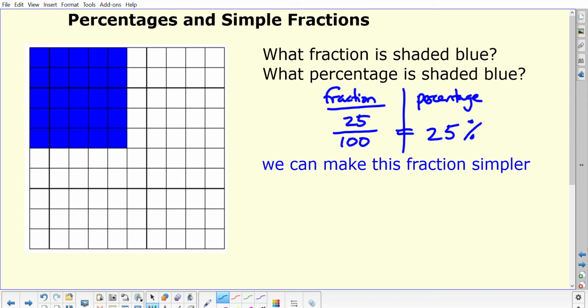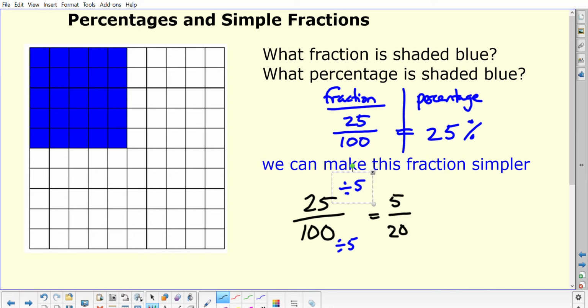Now we can make this fraction simpler by dividing top and bottom of our fraction. If you spot that you've got a 5 and a 0 at the end of this, you might say, maybe I could divide by 5 into each of these numbers, and that would make it simpler. So 5 into 25 is 5, 5 into 100, or 5 into 10 first of all would be 2, and then 5 into the 0 would be 0.